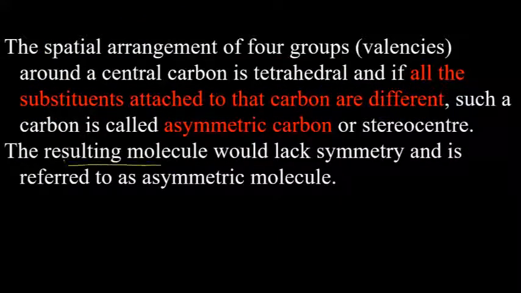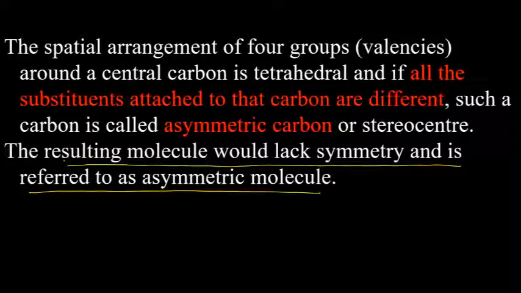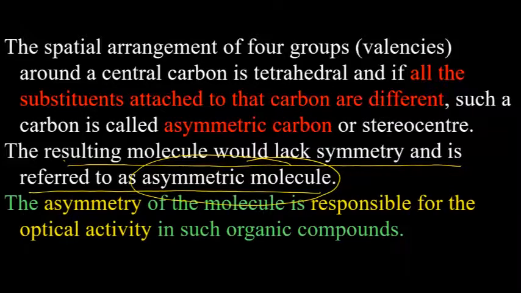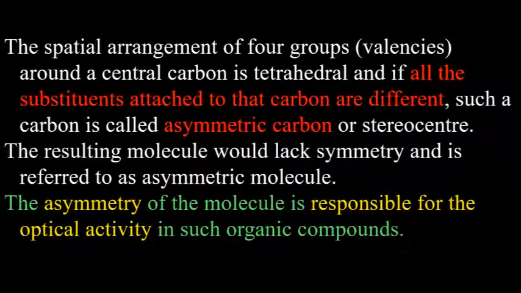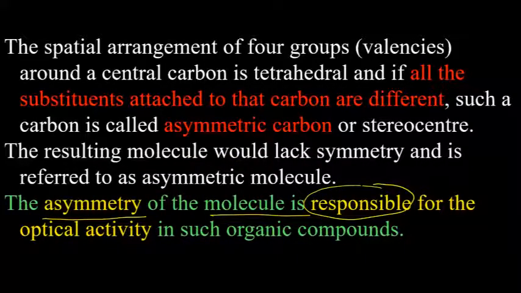The resulting molecule would lack symmetry and is referred to as asymmetric molecule. The asymmetric molecule will be that molecule which has at least one asymmetric carbon. The asymmetry of the molecule is responsible for the optical activity in such organic compounds.